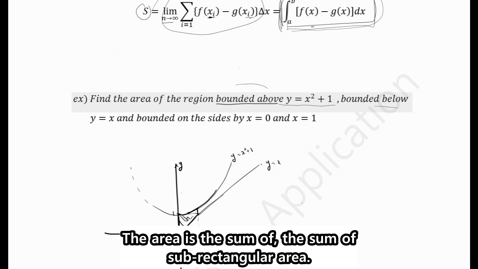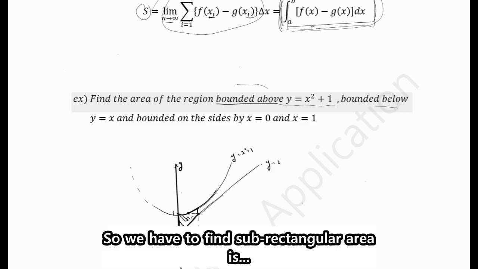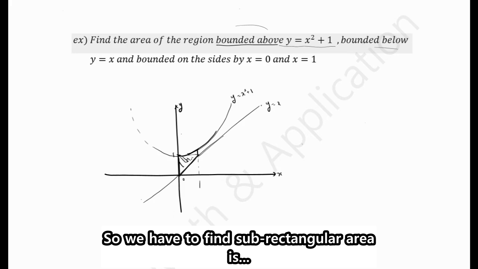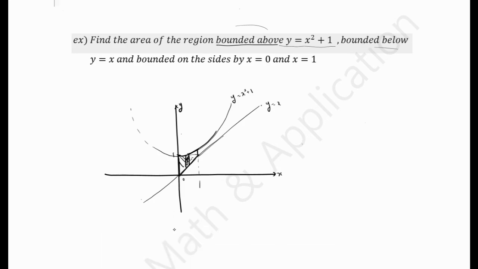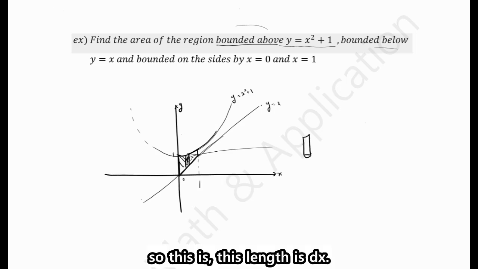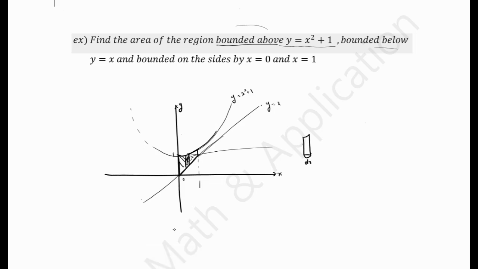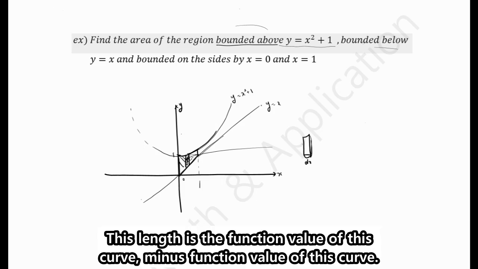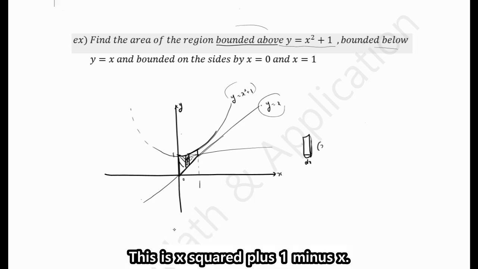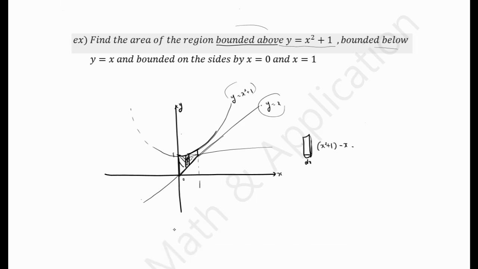The area is the sum of subrectangular areas. So we have to find the subrectangular area. This is a subrectangular area. This length is dx. This length is the function value of this curve minus the function value of this curve, which is x squared plus 1 minus x.